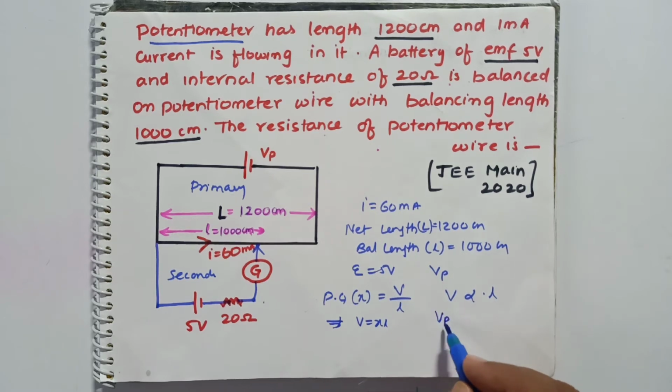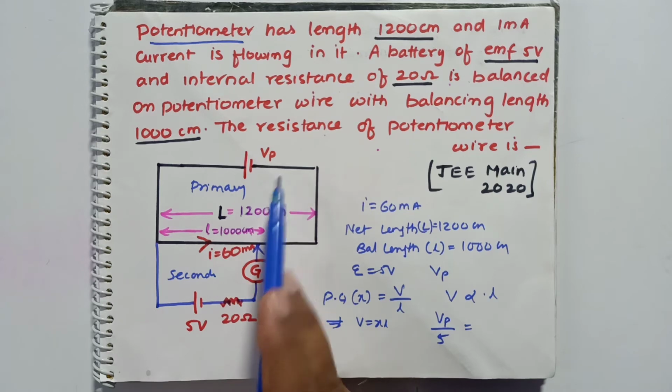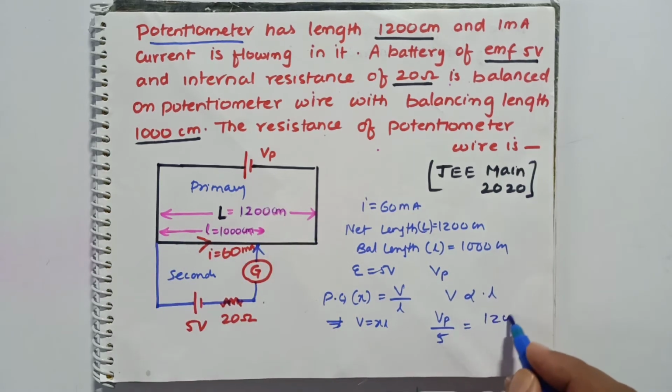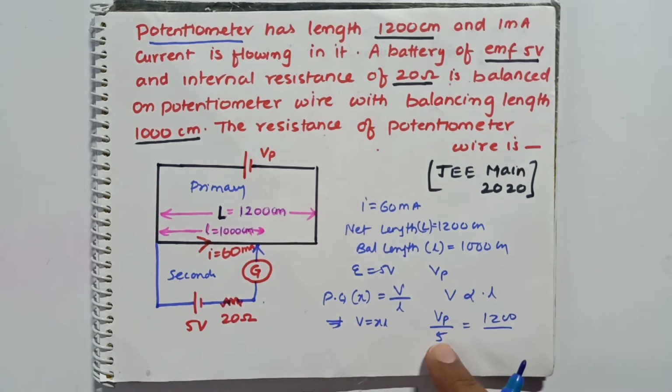Then Vp by 5 volts is equal to the primary length, the total length of 1200, divided by the balancing length of 1000, for a cell potential difference of 5 volts.